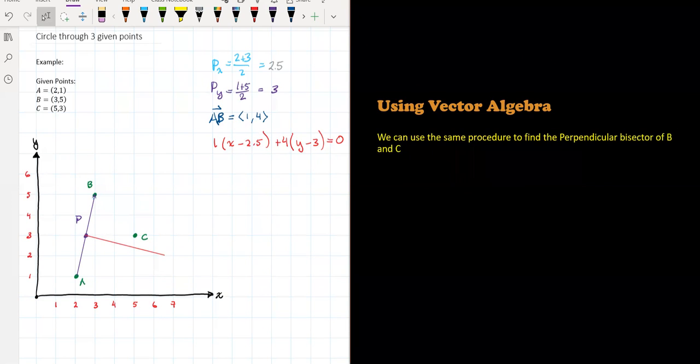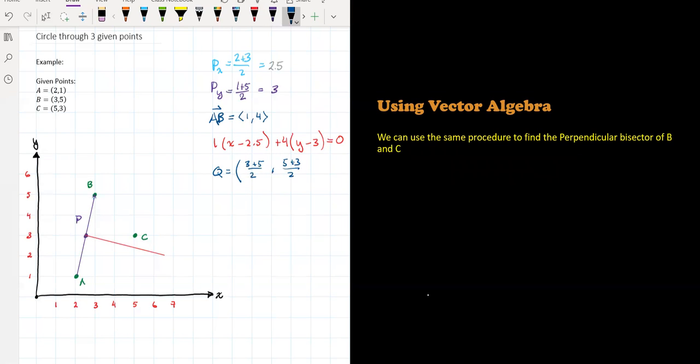To find the perpendicular bisector of B and C, the midpoint of B and C, we can call that Q. So Q equals ((3 + 5)/2, (5 + 3)/2).